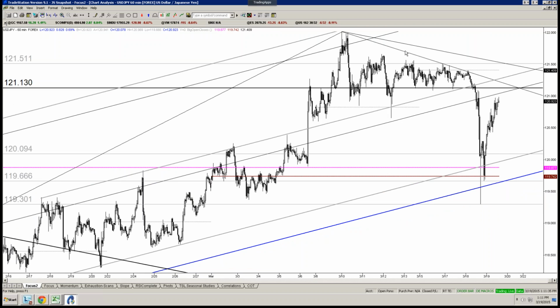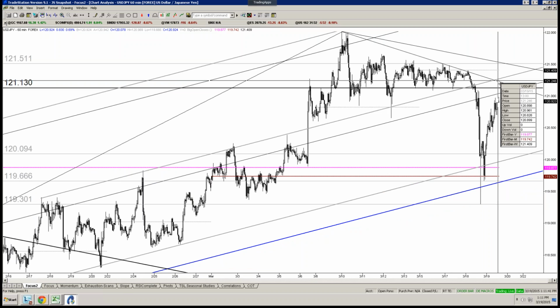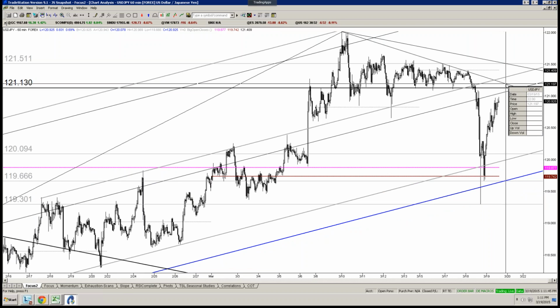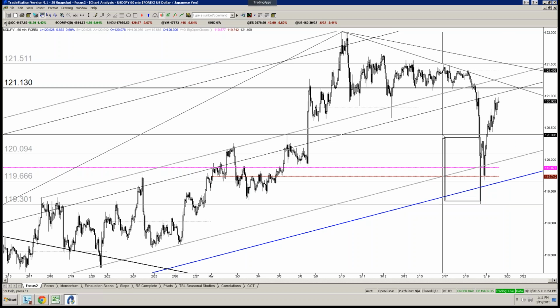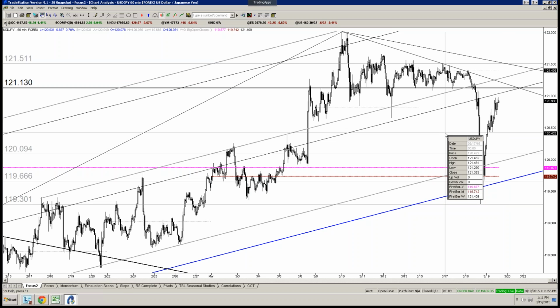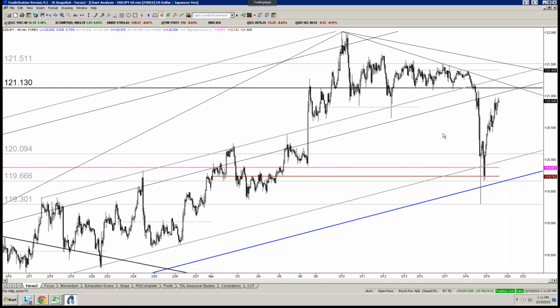Okay, and you actually have this little trend line here. They don't really intersect, per se, but you might get a chance to short in here tonight somewhere, 120, something like that. 121.50 stop, take it down for 60, 80 pips or something. So I'll investigate that and see if there's a trade tonight.